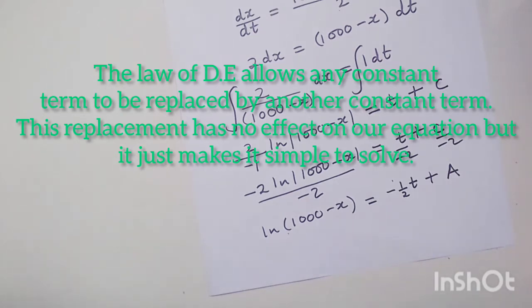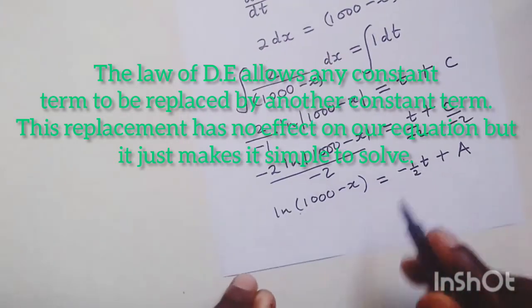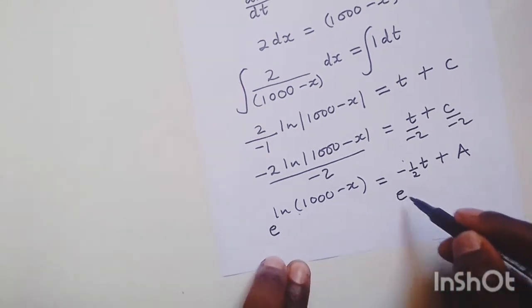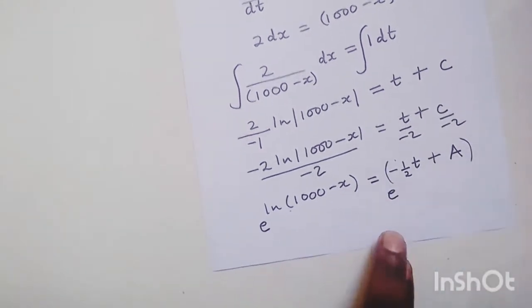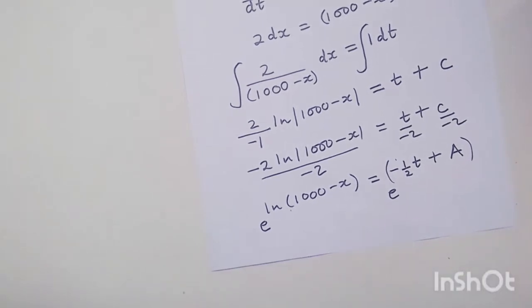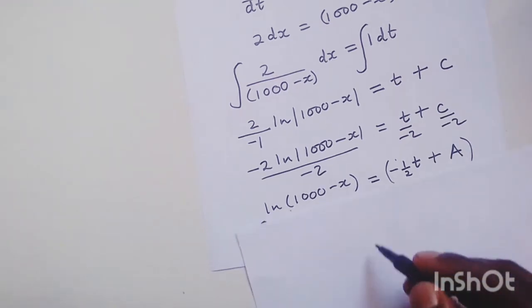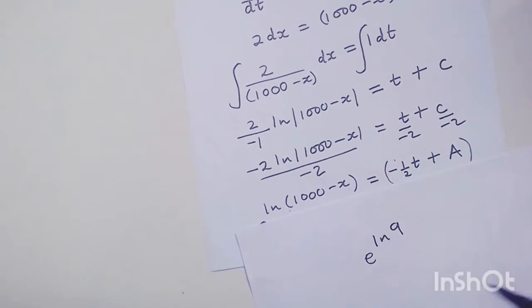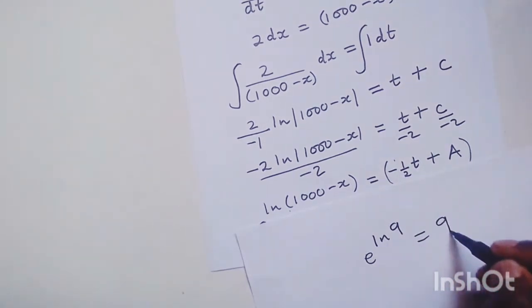Right. So after that, we need to raise both sides by exponential. So I'm going to raise both sides by the exponential like this. I have raised here and I have raised here by the exponential, right? So if you followed the integration episode 1, I told you that if you come across e to the power of ln 9, it means that your answer is 9.